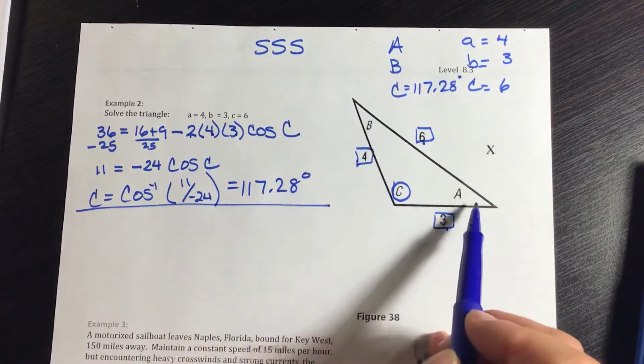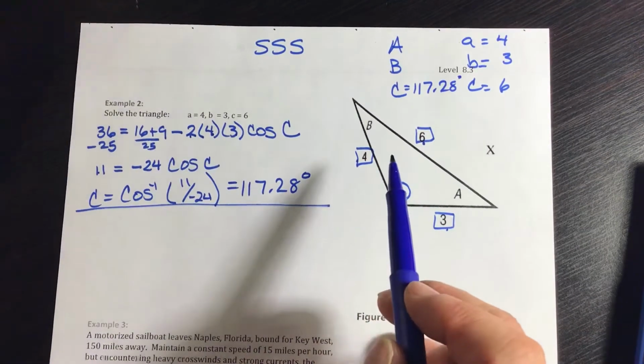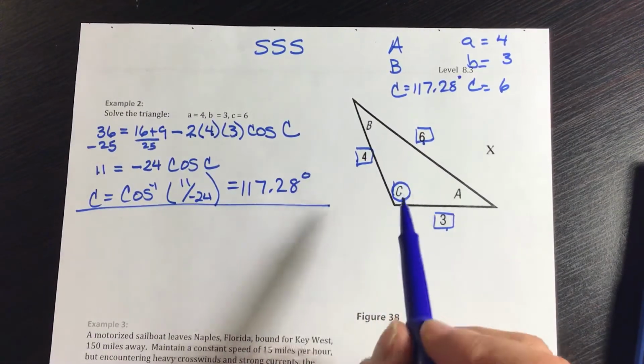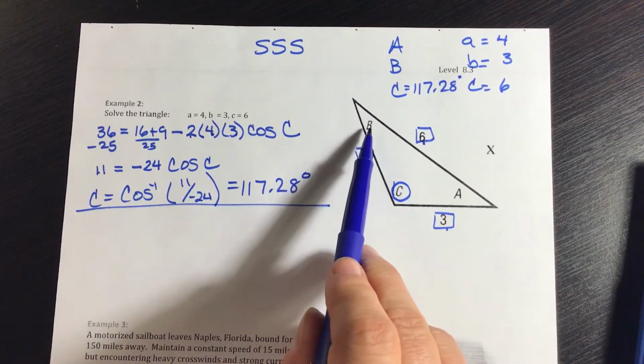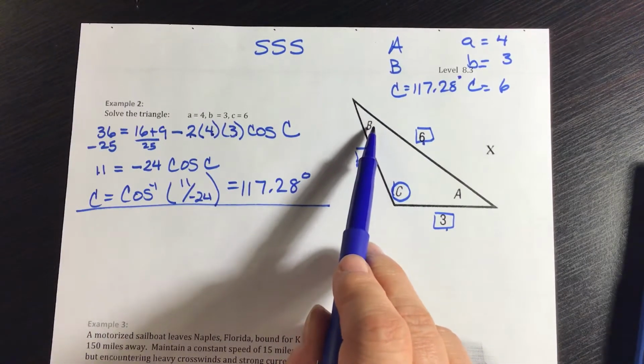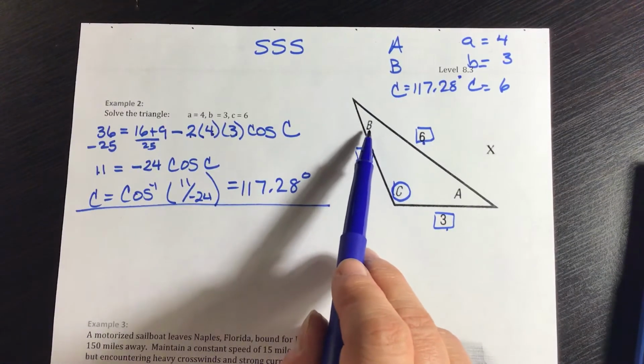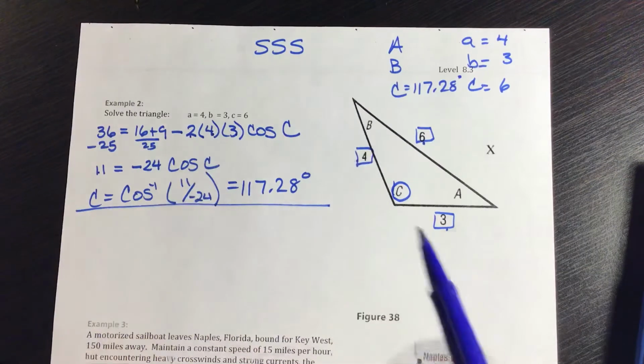Now I can find B using law of sines or law of cosines. I think law of sines is a little bit easier.